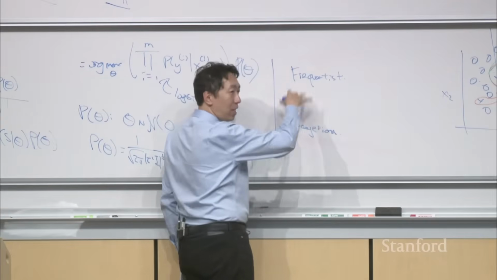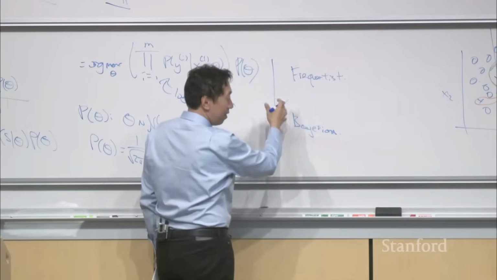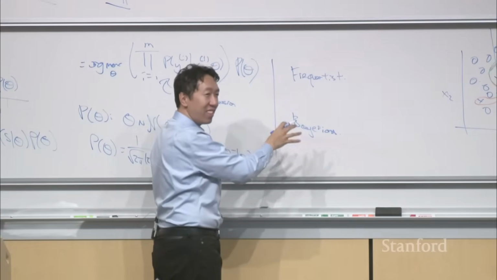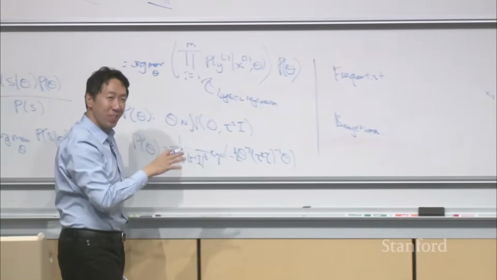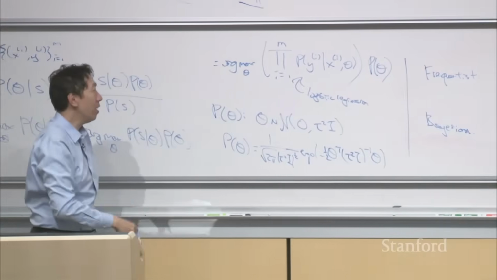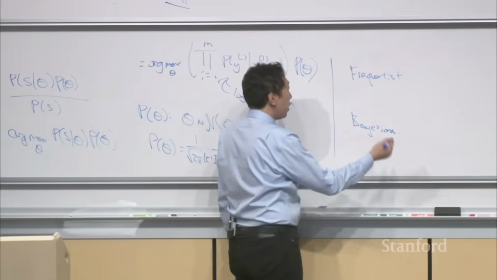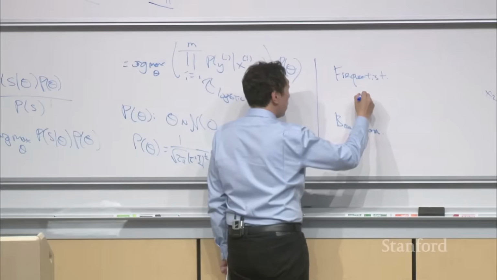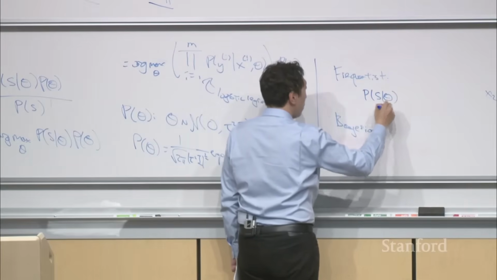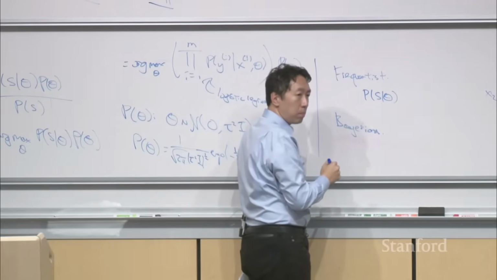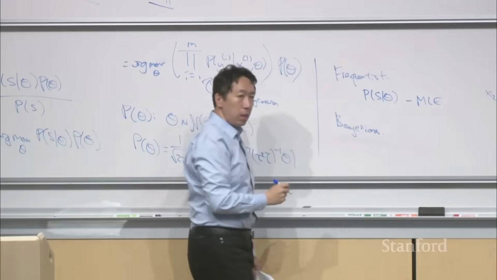There used to be titanic academic debates about which is the right one, but I think the statisticians have gotten together and made peace, and go freely between the two more and more these days. In the frequentist school, we say there is some data and we want to find the value of theta that makes the data as likely as possible. That's where we got maximum likelihood estimation.